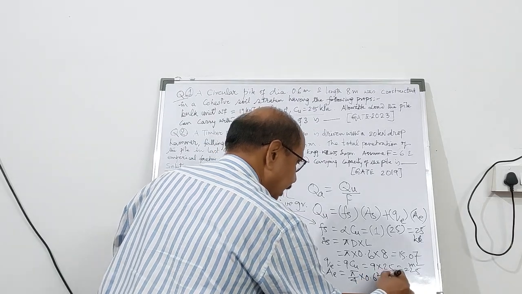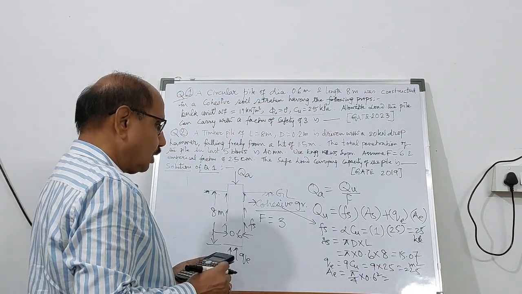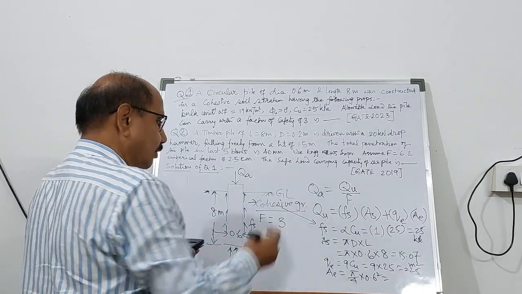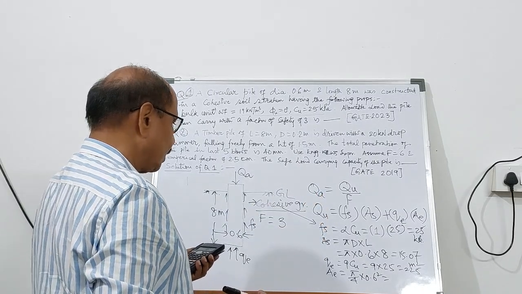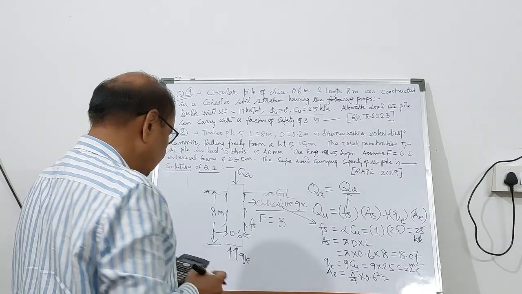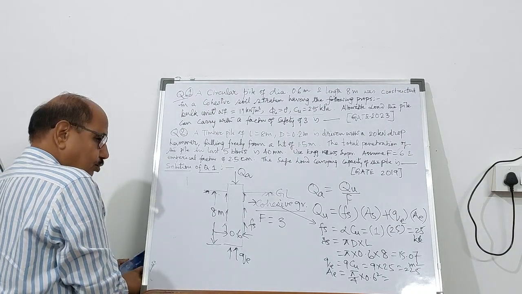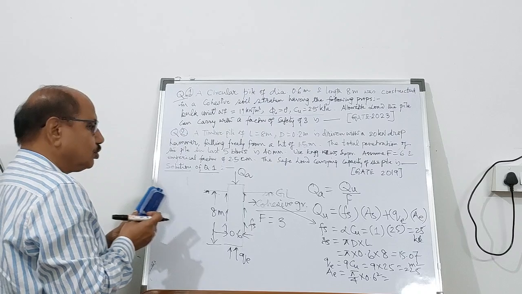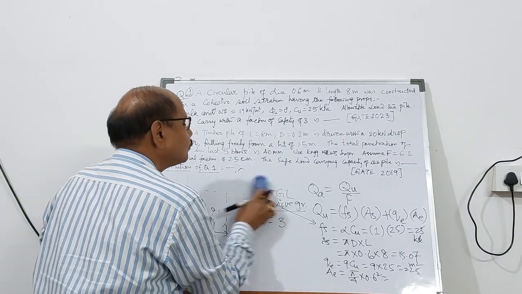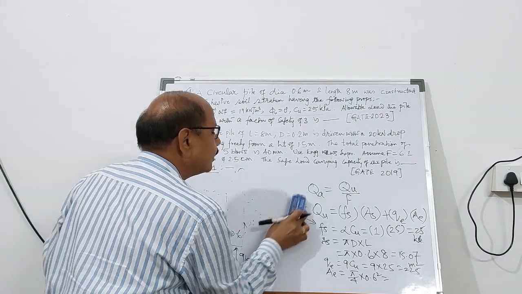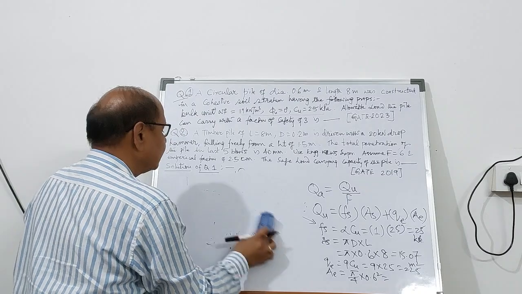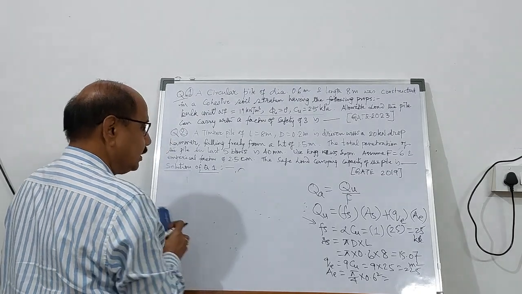This also you can calculate. And when you substitute it, you will get the value of QU. So let us substitute these values so that we get the value of this.